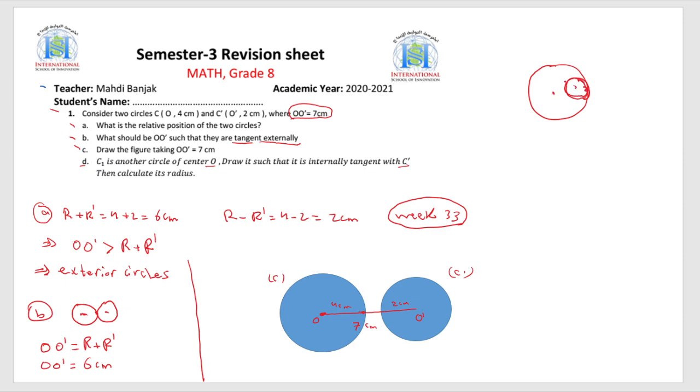It must be like this. This should be circle C1, and this should be circle C prime. So it should be here, of center O and radius to be calculated. We will calculate the radius and check what the shape is here. So the new circle should be like this. Let me check it here.